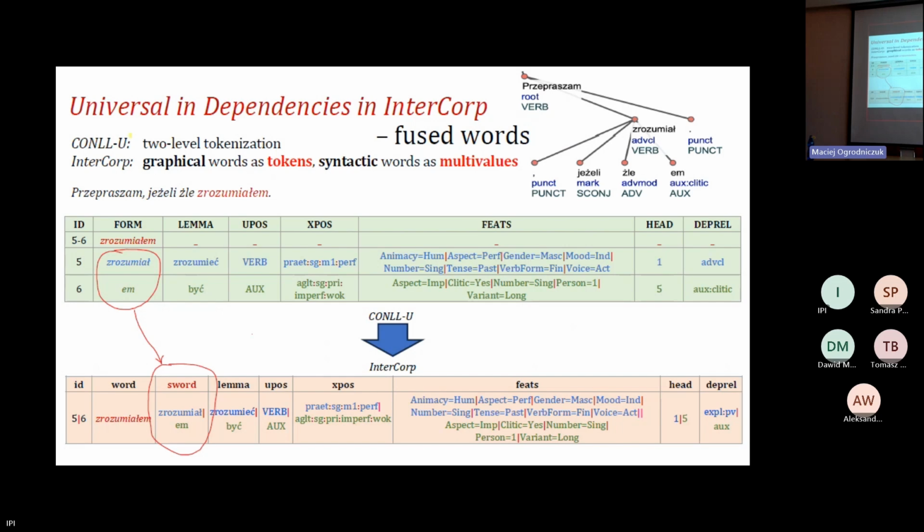So in the UD annotation, that's the output of the UD pack. Yeah? And also that's the standard form of how the result of the parser looks in UD. So you have something like two-level tokenization. The first tokenization is orthographic, but you see you have no other annotation here. You have just the form itself. The annotation is on the second level where you have these syntactic words.